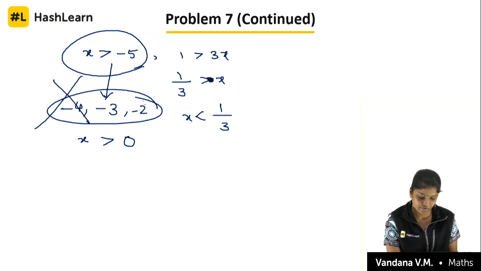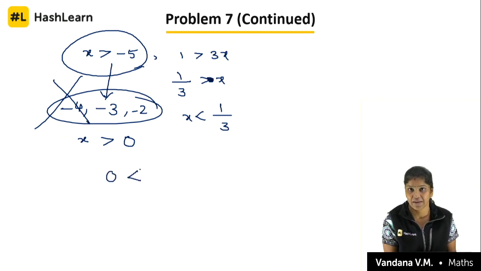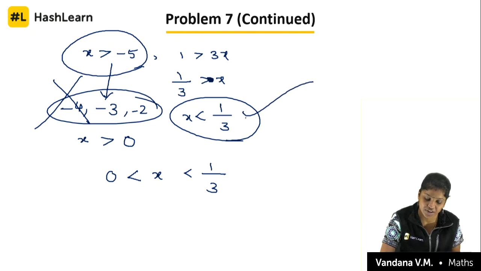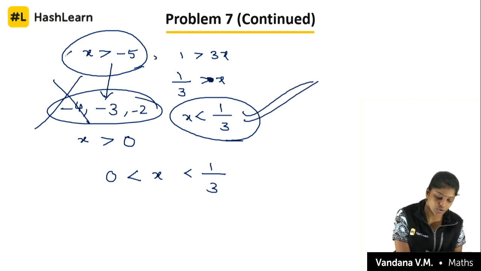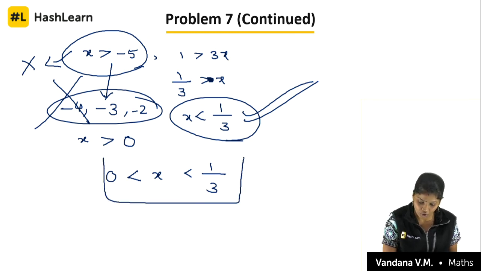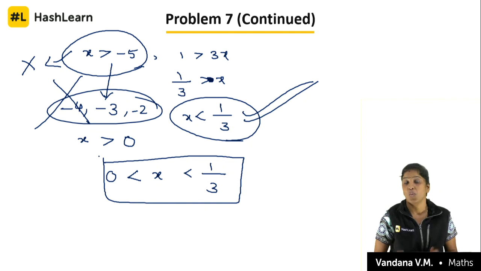So, this function will become 0. The x value must lie between 0 and 1 by 3, x less than 1 by 3, because the solution is there only for this. The solution will not be for this factor. Clear, right? So, so many concepts are involved while finding the solution set.